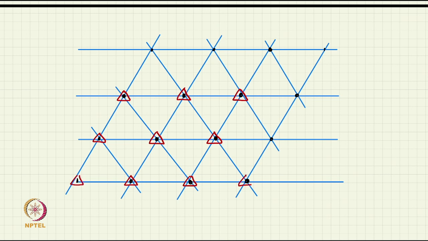So, if you start with a hexagonal lattice, but use a trigonal motif consistent with the trigonal symmetry, you will get a crystal which is trigonal, but you will still use, for your reference, a unit cell which is hexagonal. So, that is what is meant by a hexagonal P unit cell for a trigonal lattice.